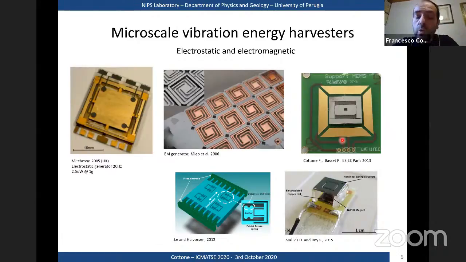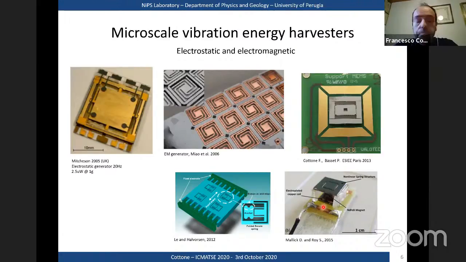I will show you more details about this. And then on the bottom, we have another example of a miniature inductive vibration energy harvester, made also with a sort of nonlinear spring structure, made of spiral springs that are very, very compliant, a seismic mass, and electroplated copper coils on the bottom.